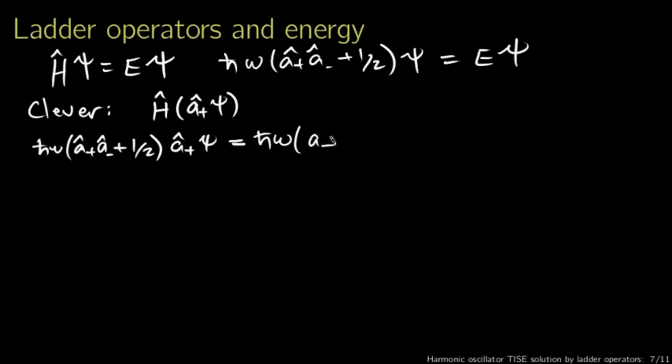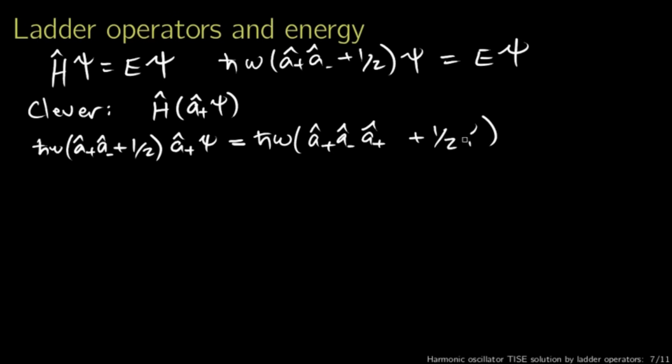H bar omega, a plus hat, a minus hat, a plus hat psi, plus 1/2 psi. Put another way, I'm really just distributing the operator in. And that's actually a more convenient way to look at it.